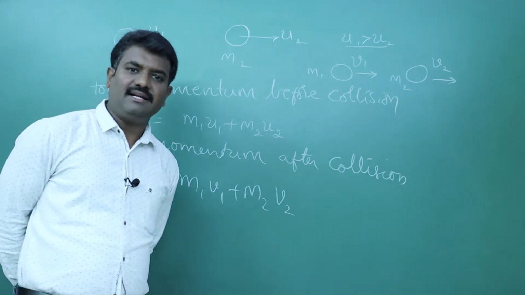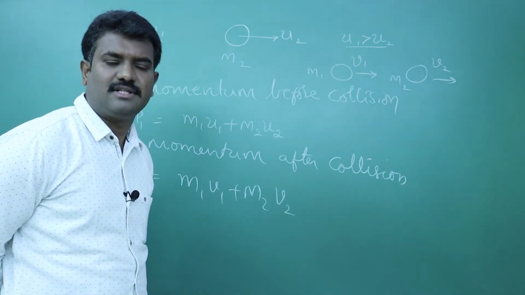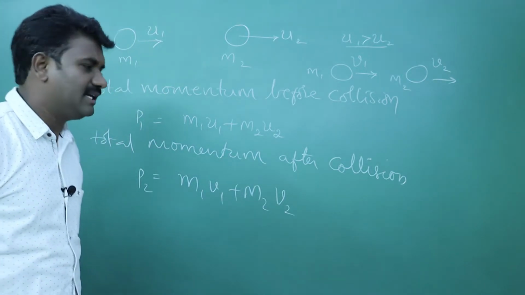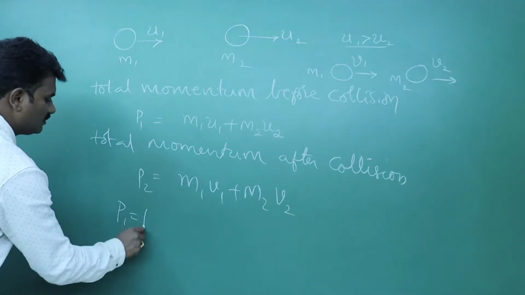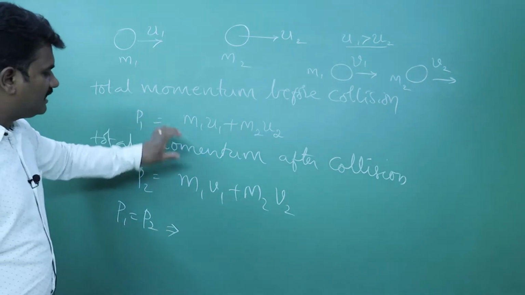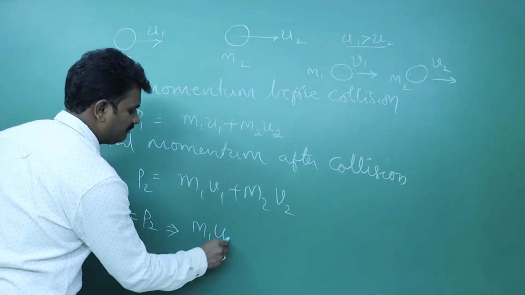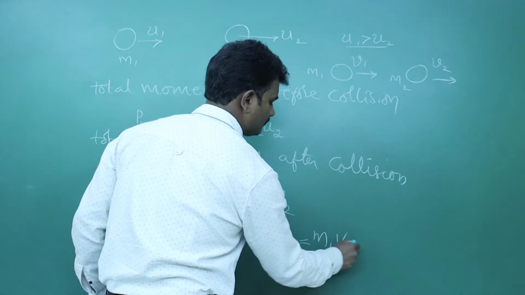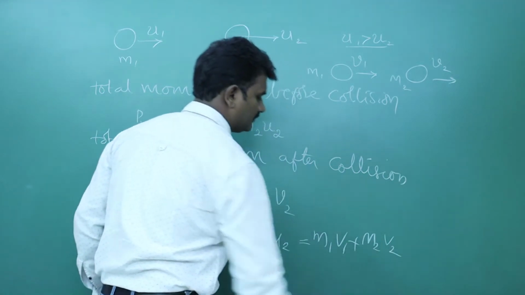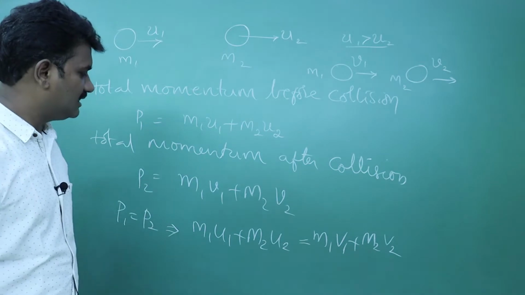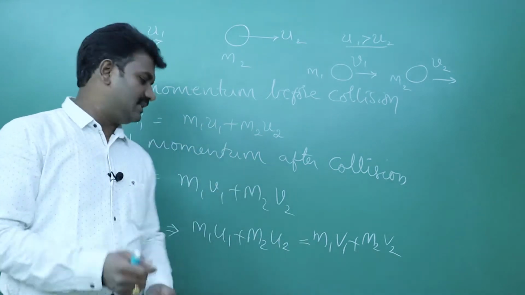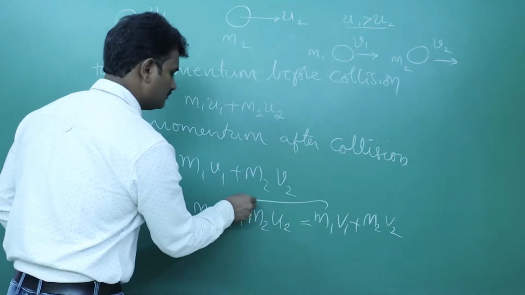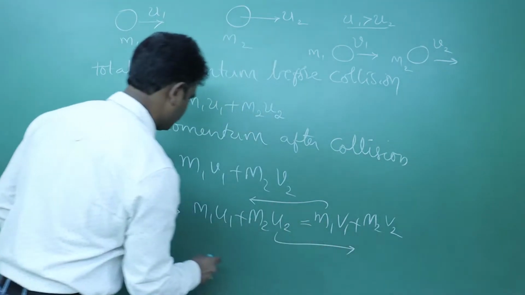As we already defined this as a collision, the momentum must be conserved, meaning initial momentum must be equal to final momentum. So P1 is equal to P2. So I am going to equate these two: m1 u1 plus m2 u2 equals m1 v1 plus m2 v2. I have just equated this and this. I am going to rearrange these terms, all m1s in one direction, m2s in the other direction.